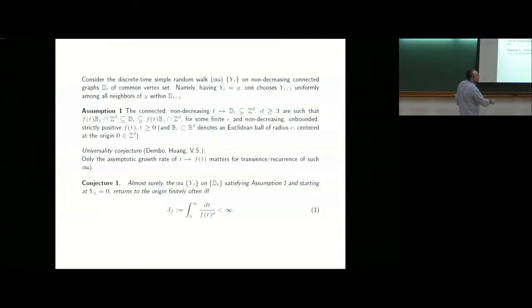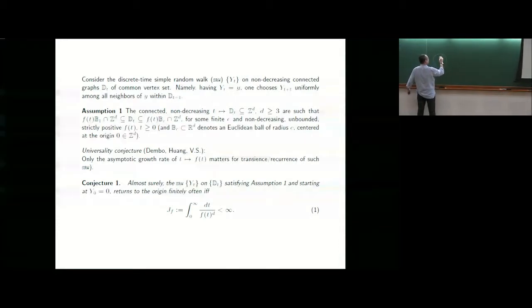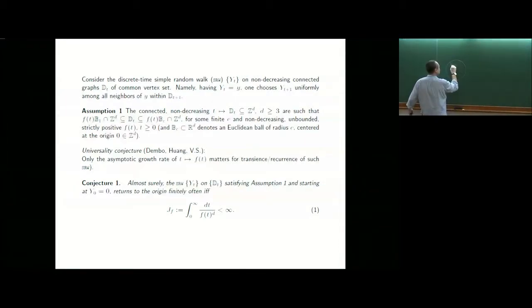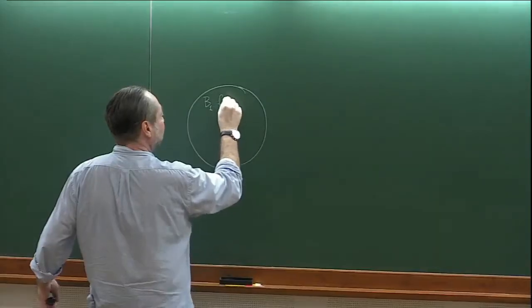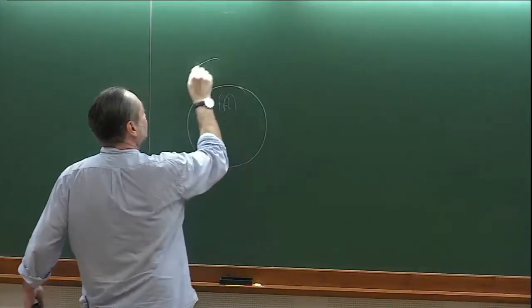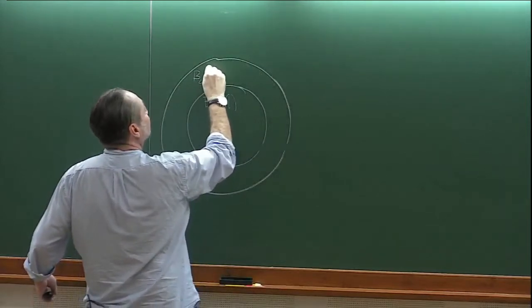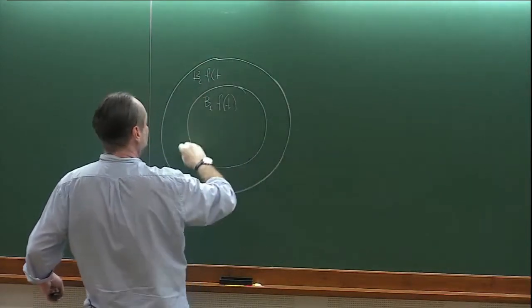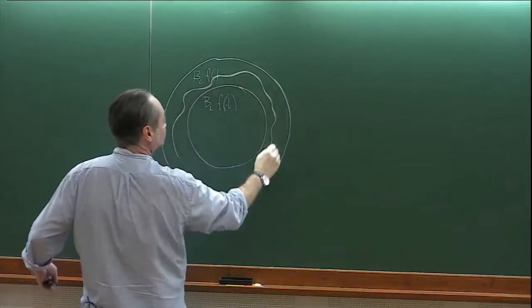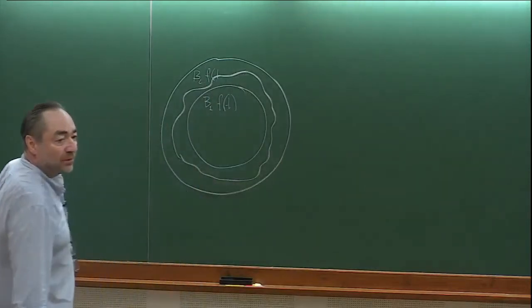C could be arbitrary, but a fixed number. And then D_t is contained in the growing balls B_1 times f(t), B_c times f(t), and your shape is somewhere here. D_t is lying somewhere here.